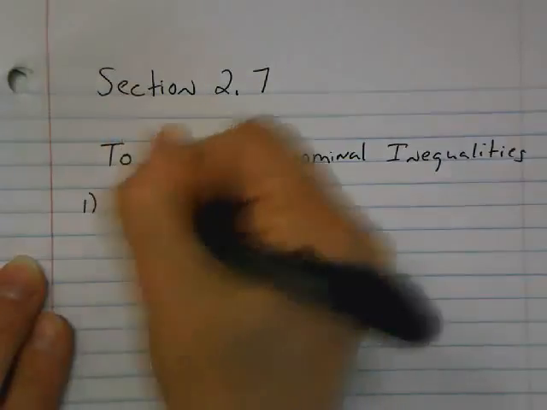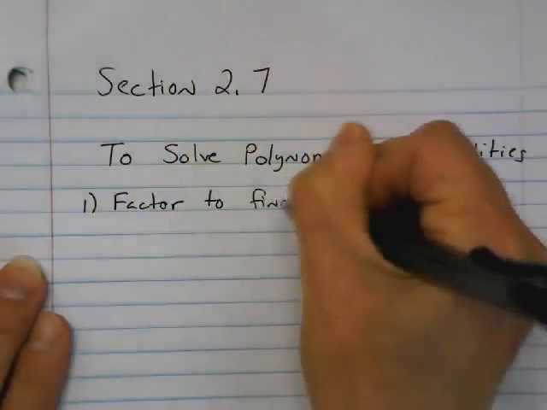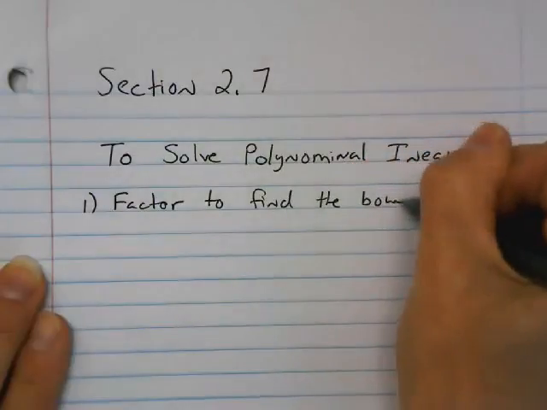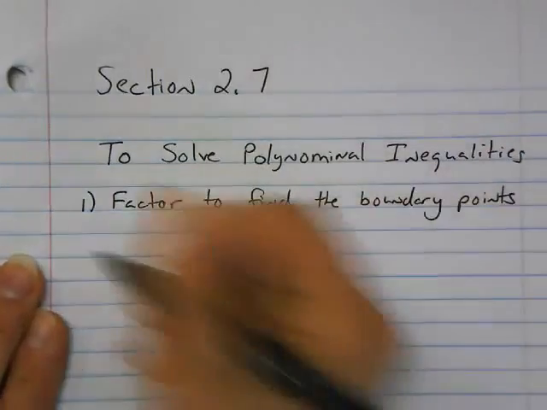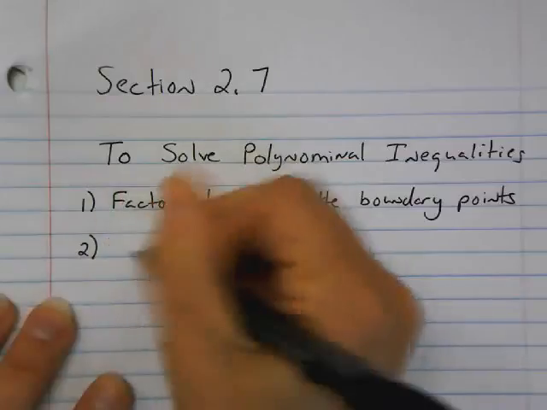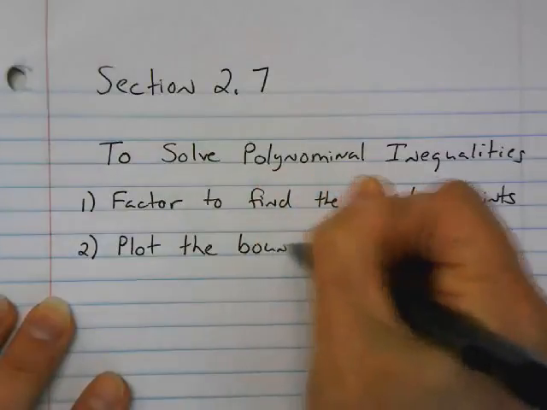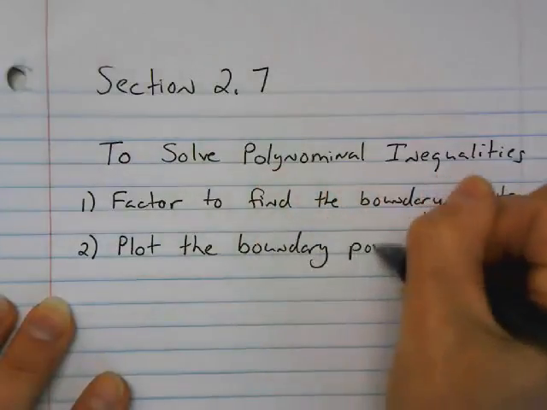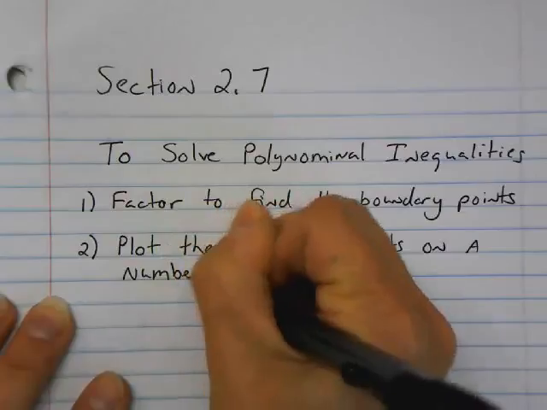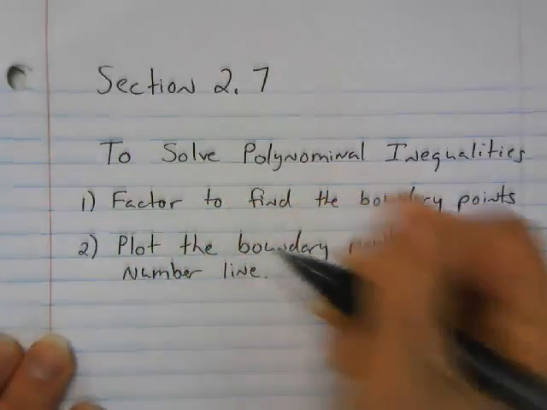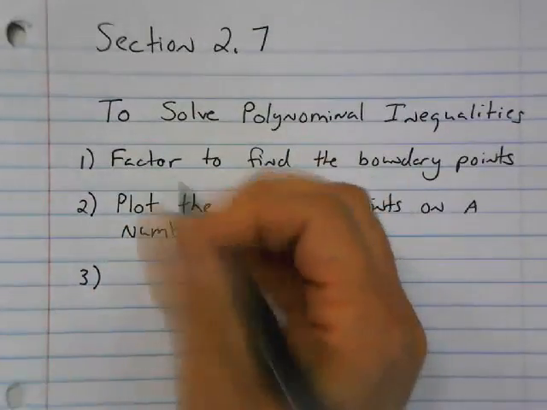Okay, first you factor to find the boundary points. Step 2, plot the boundary points on a number line. Step 3, pick a test value for that boundary.